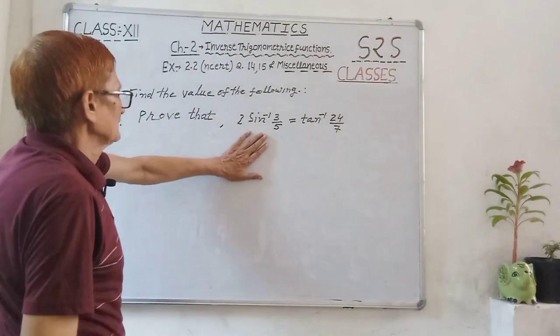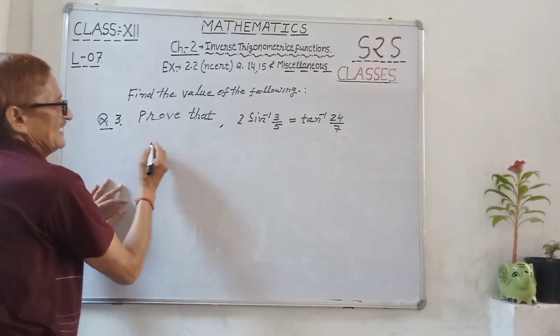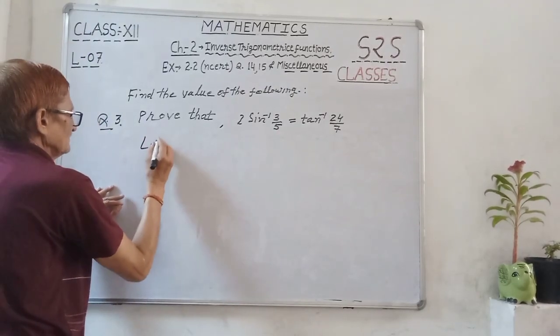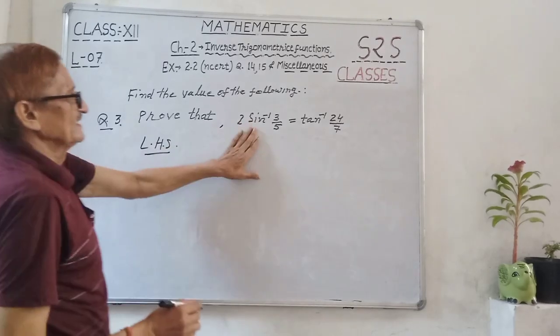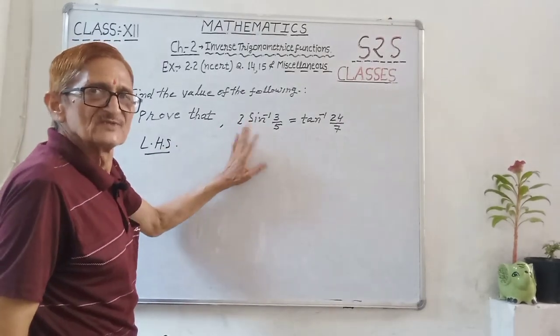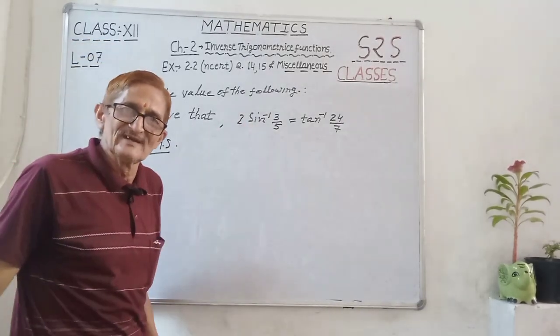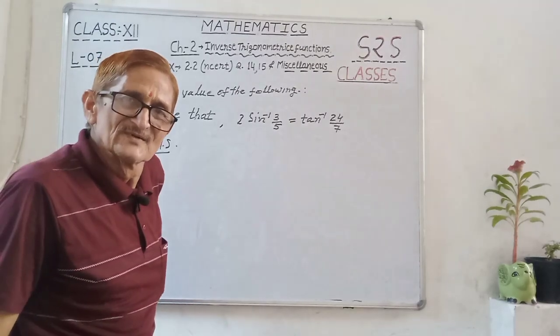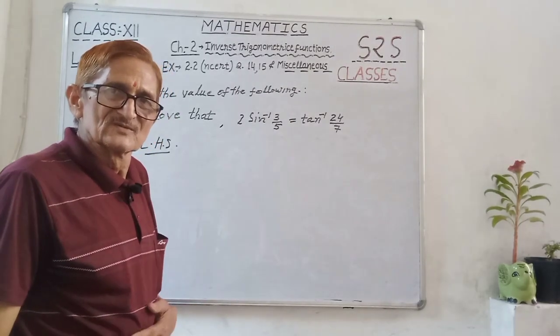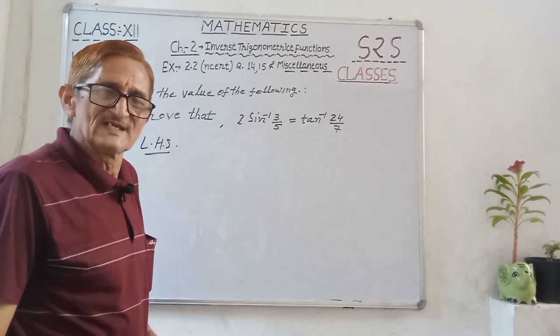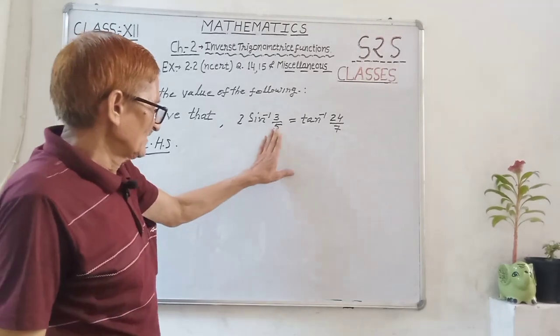How can we prove it? Take the LHS. What is the LHS? 2 into sin inverse of something. There is a formula for 2 tan inverse x, so we can convert into tan inverse.